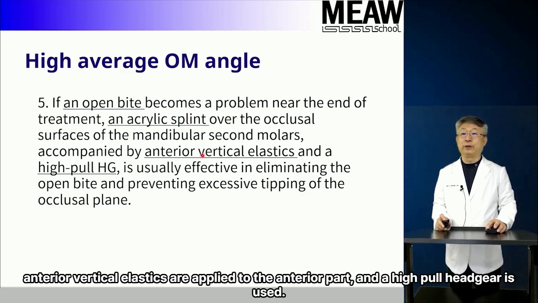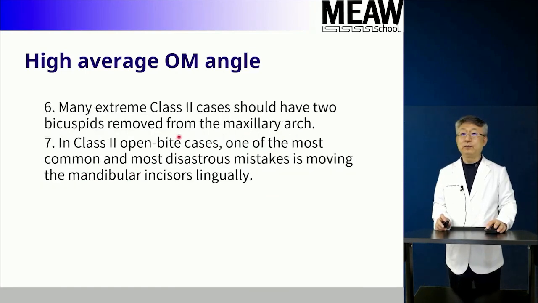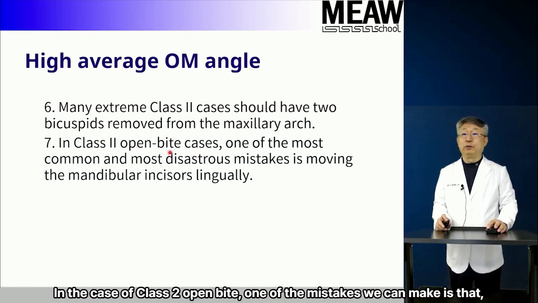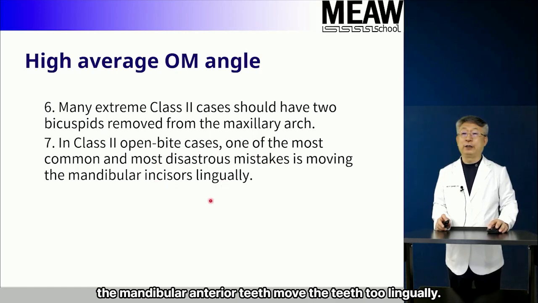Anterior vertical elastics are applied to the anterior part, and a high pull headgear is used. For severe class 2 malocclusion, only the maxillary premolar can be extracted. In the case of class 2 open bite, one of the mistakes we can make is that the mandibular anterior teeth move too lingually.